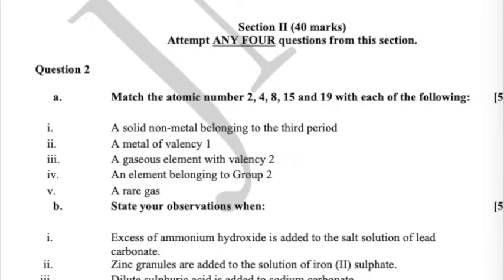Okay, the fourth one, can't it be both 8 and 4? No, because then there'll be 2, 4. You can't repeat two. But how is 8 in group 2? 8 is not going to be in group 2. Yeah, and third is going to be fourth, and then fourth will be.